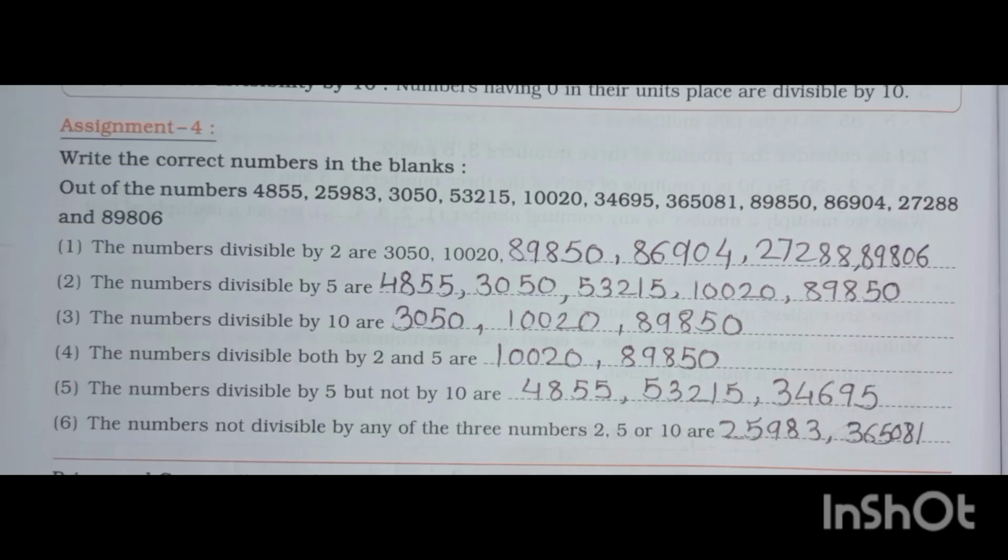Next, assignment 4. Write the correct numbers in the blanks. Out of the numbers 4855, 25,983, 3050, 53,215, 10,020, 34,695, 3,65,081, 89,850, 86,904, 27,288, 89,806.